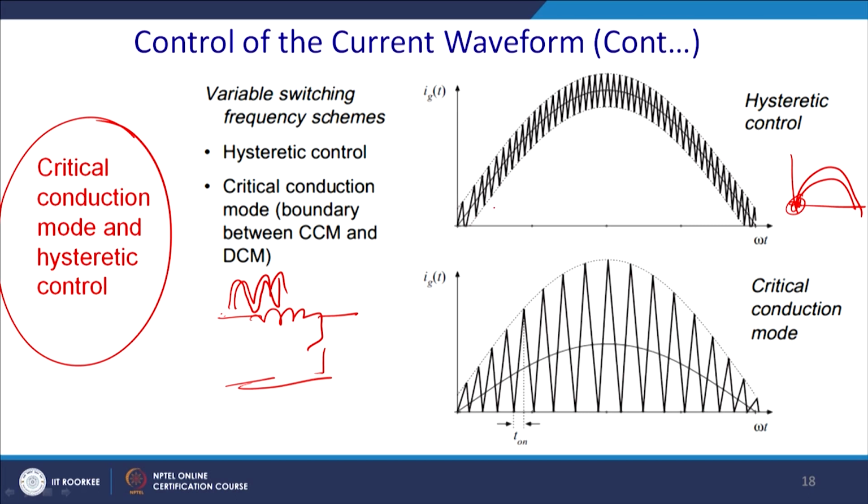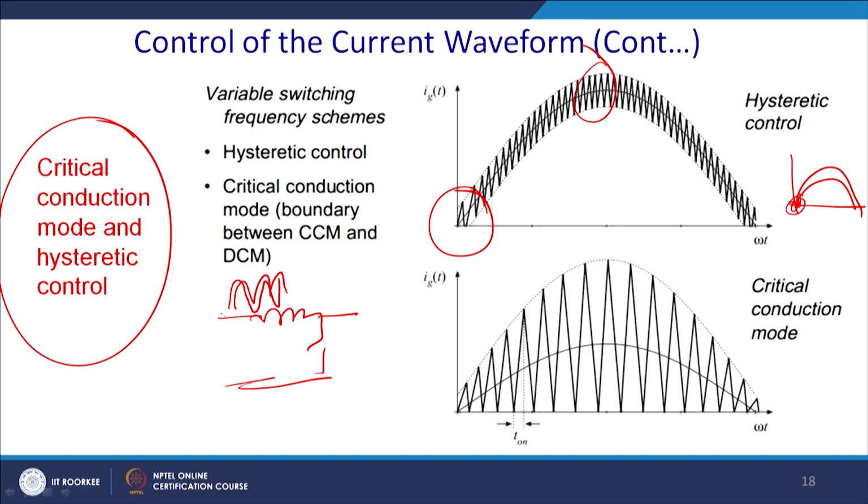If you keep it like this, you can see that frequency here is low and here it is high. So, you do not have a constant frequency operation, and you can have this kind of operation, that is called proportional operation.